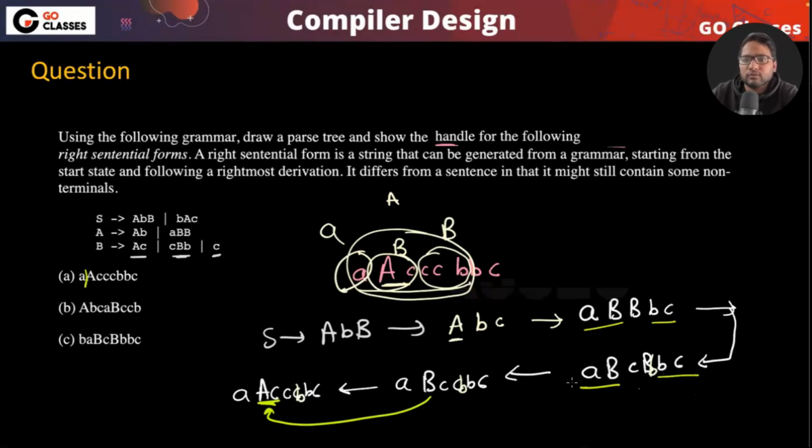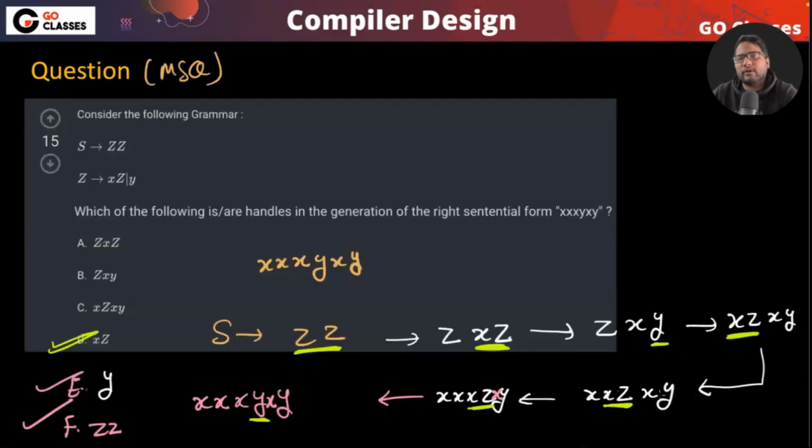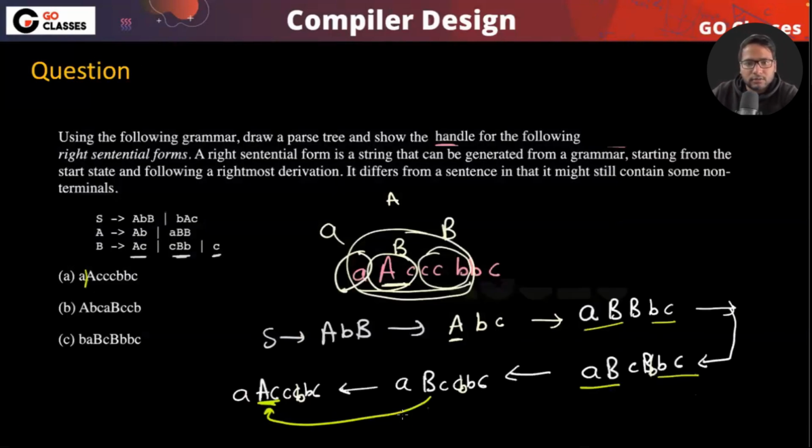Okay, so everything is fine. The answer here is AC. AC is the handle. Hope you understood, right?